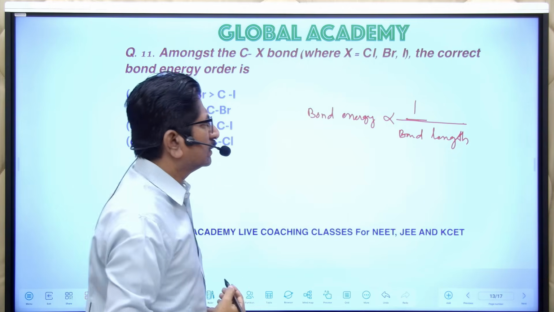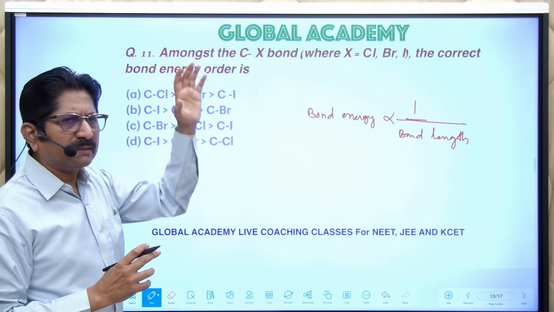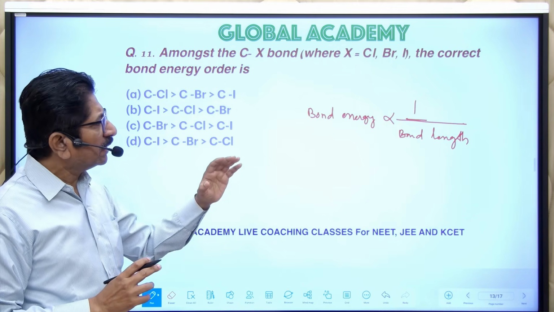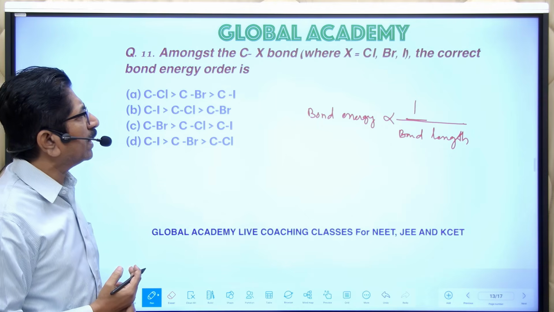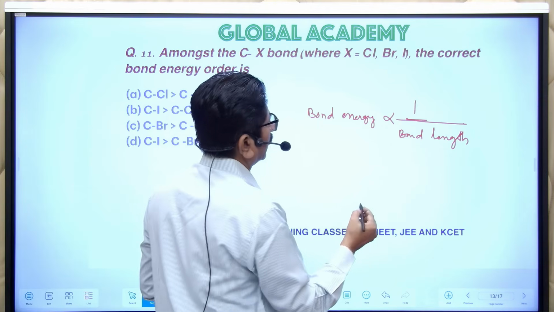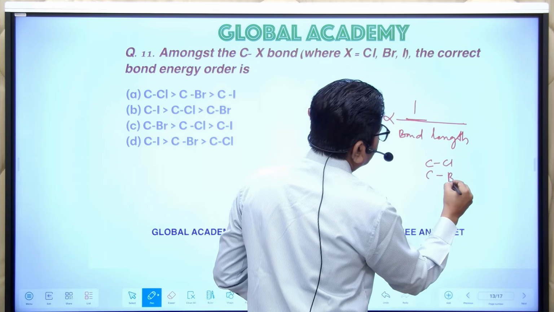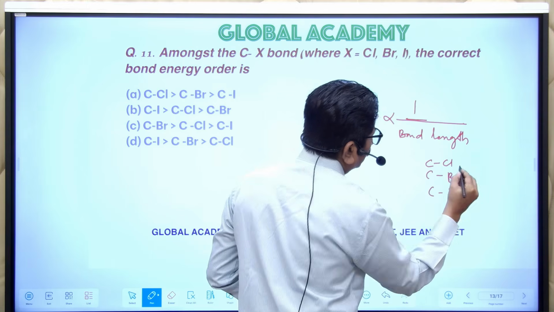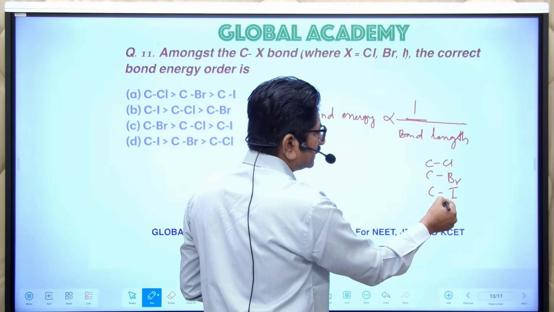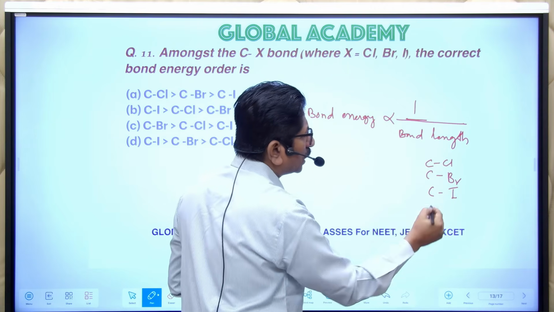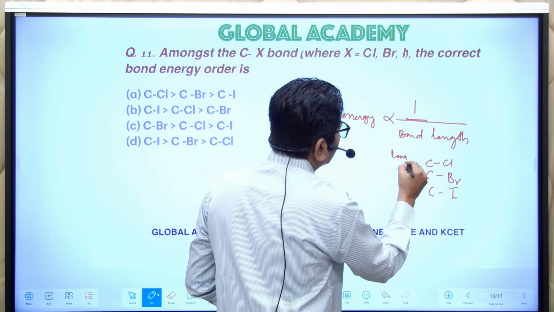Bond length: if the bond energy increases, bond length decreases. If the length decreases, energy increases. So in this way, we have to know. As you know, here in carbon chloride, carbon bromide, and carbon iodide, the bond length goes on increasing and the bond enthalpy goes on decreasing.